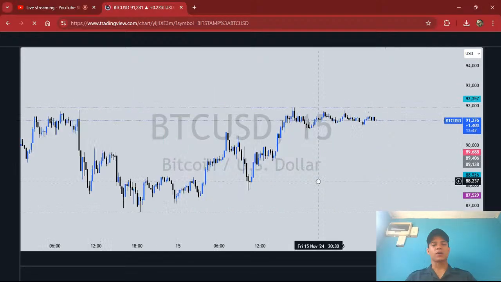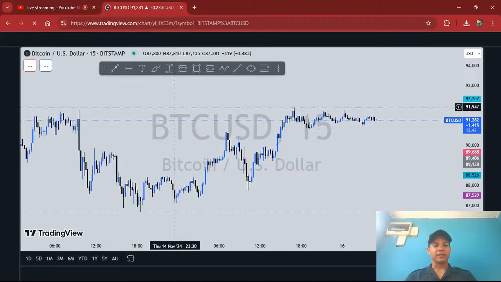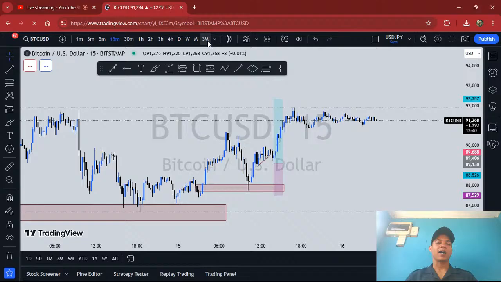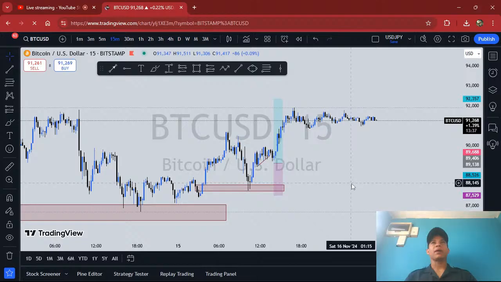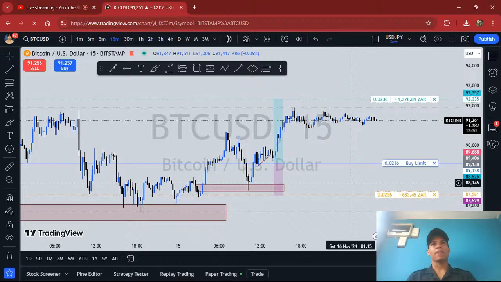So when I do top-down analysis, I want to go to the highest chart, or maybe not the highest chart, but I start normally at the 3 monthly chart. If I'm going to do a top-down analysis for forex pairs and crypto, then I'm going to have to start on the 3 monthly.